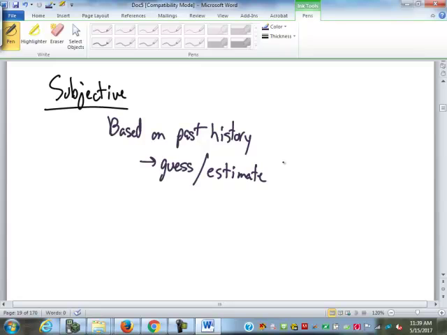For example, any sports you're looking at, if they want to see the odds of one team winning, those are based on past history, based on these two teams playing before, both teams' record for the year, how they match up position by position. But there's still some element of guessing because there's still something about it that's not absolutely predictable.